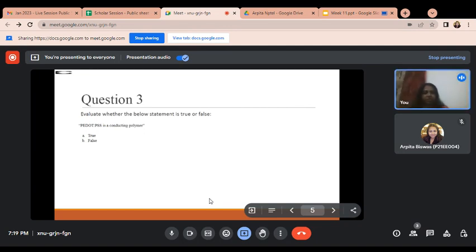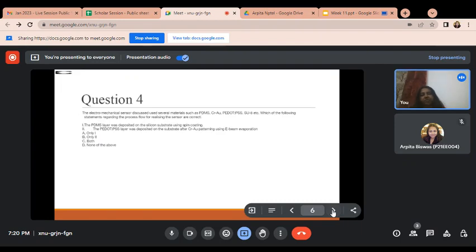Try to solve the question. The statement is: PEDOT:PSS is a conducting polymer. The right option is option A, true. PEDOT:PSS is a conducting polymer.